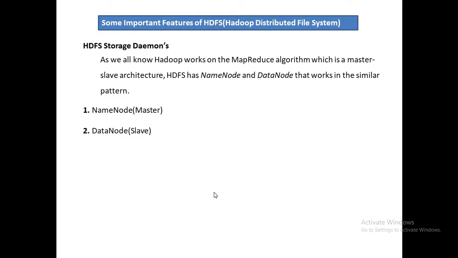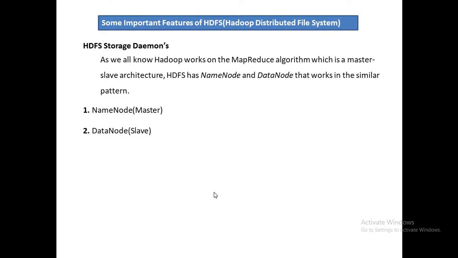I told you name node and data nodes: these two terms play a very significant role in Hadoop distributed file system. This type of architecture we call a master-slave architecture. That is, HDFS has a name node and data nodes that work in a similar pattern. The name node we call the master, and the data node we call the slave. Keep it in your mind.